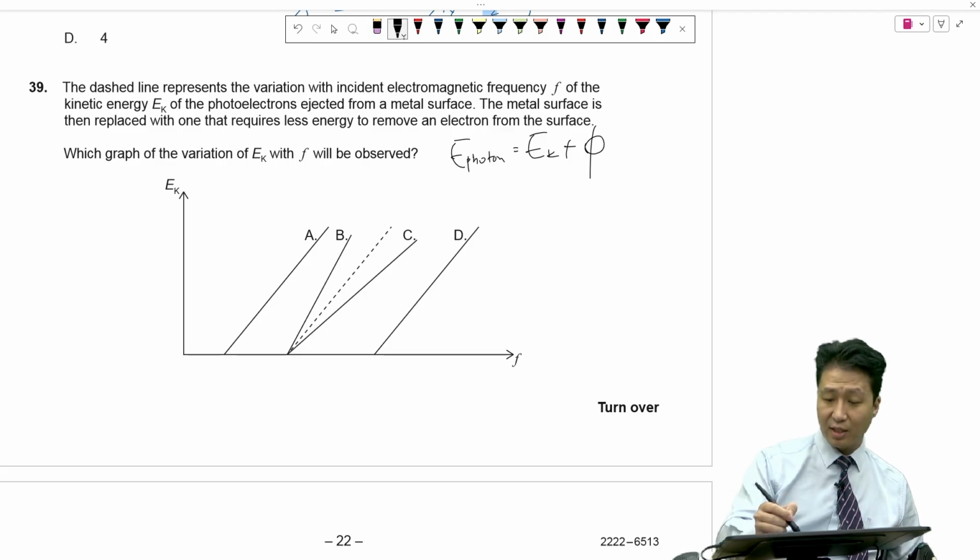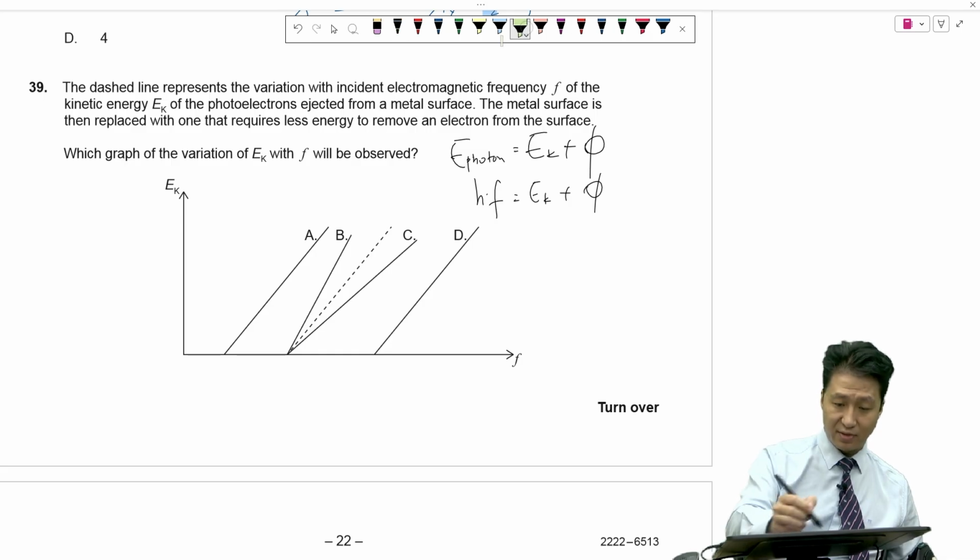So if you have enough energy, you pay for the energy to escape, and whatever is left over becomes kinetic energy. The energy of the photon is Planck's constant times the frequency. Well, the kinetic energy is just the kinetic energy. And the work function is just the work function, the amount of energy required.